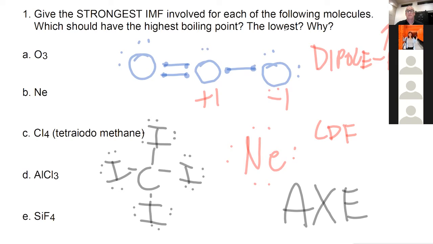So it's got how many regions around it? X is 4 and E is 0, because it doesn't have any lone pairs. And that is a tetrahedral shape. So what's going to be the polarity of this molecule? Is it going to be polar or non-polar?